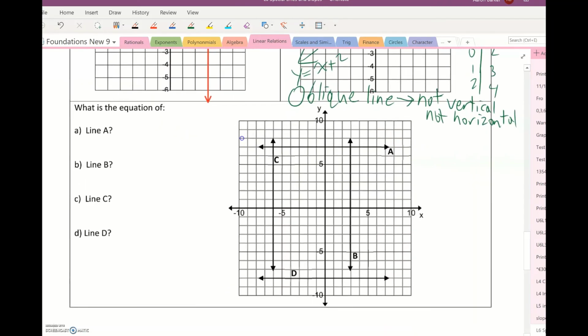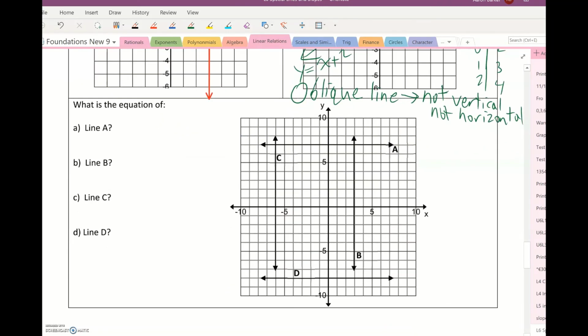Now what about going backwards? So line A, it's a special line, and it crosses at y equals 6. So the equation is what? You guessed it, y equals 6. Okay. Line B. So line B is right here.